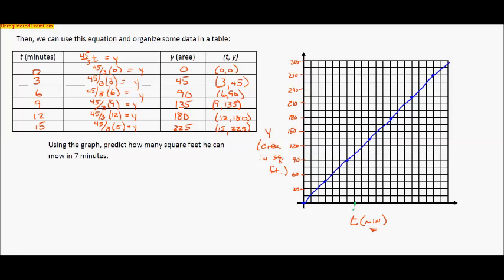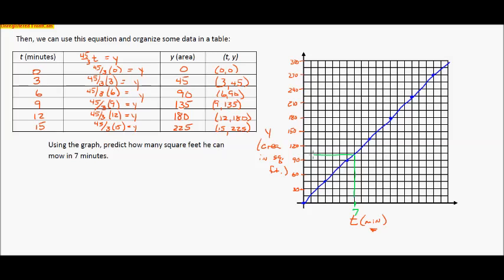And since it's at a constant rate, that allows me to draw this line straight through those points, and now I can just predict. I can go straight up on the 7-minute mark and say, oh, right there, that's where it crosses the line, just below this block right here.